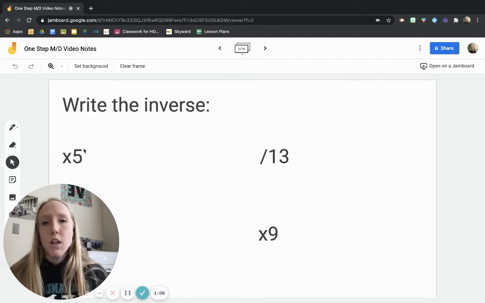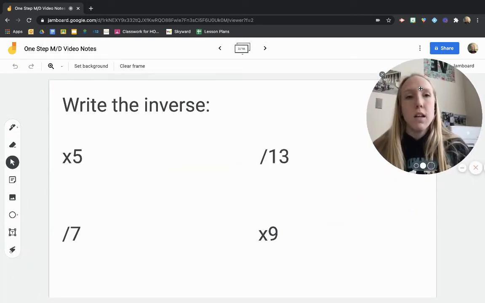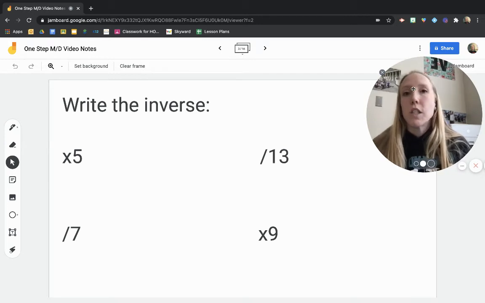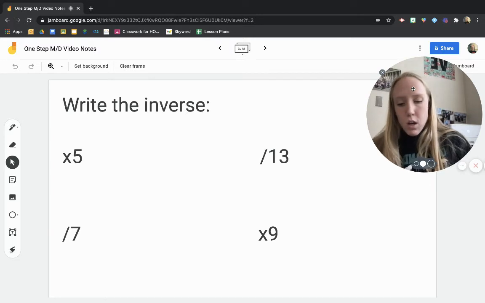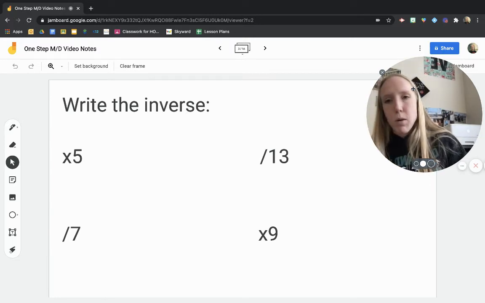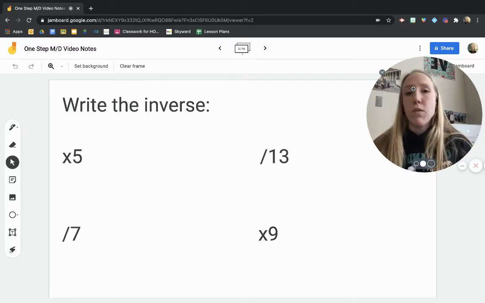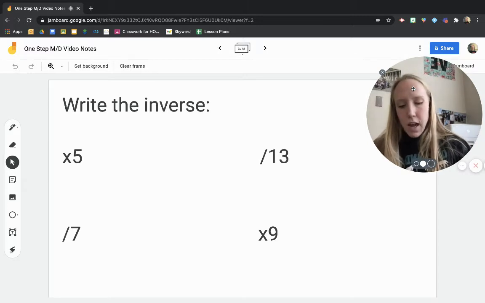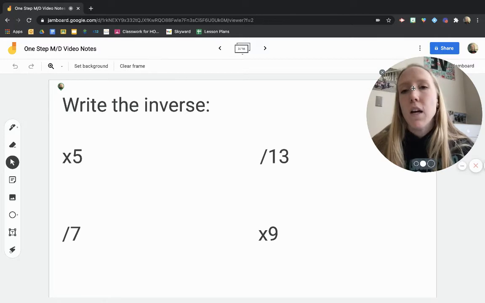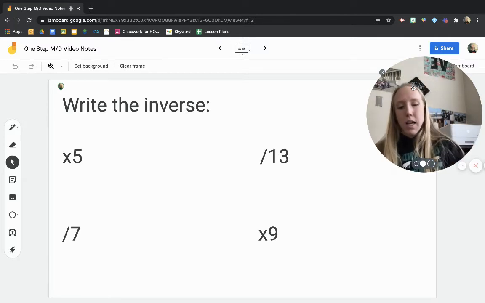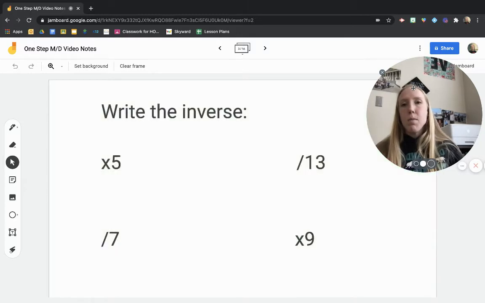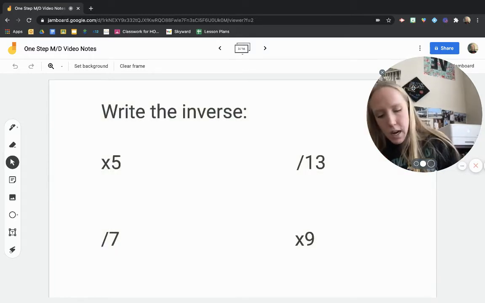So taking a look at some of these examples, we're just going to write the inverse of each of these operations and numbers. So the inverse, remember, of multiply is divide. So if this says times 5, know that sometimes we'll see it with an X, or we might see it with a dot, like times 5.